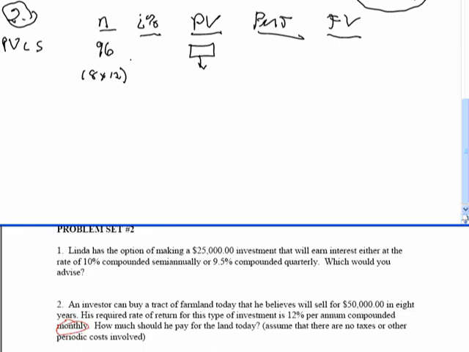The interest rate. Okay, and notice N is in months. So remember, another rule is that N and I always have to match in time periods. And also remember, our calculator is set on one payment per year.